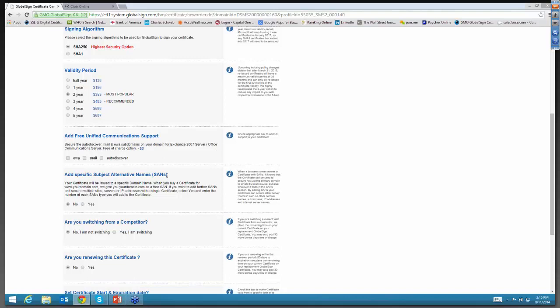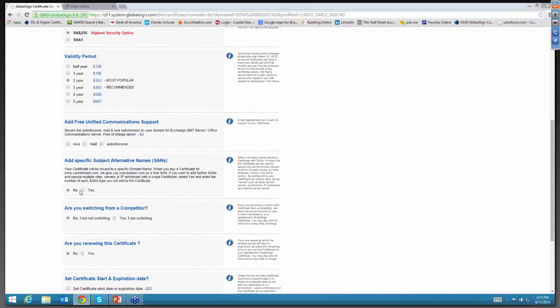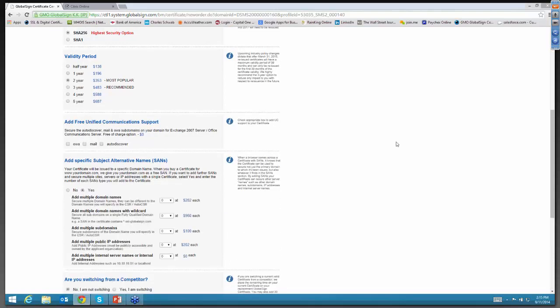We also have very robust support for subject alternative names. Subject alternative names are a way to build what are sometimes referred to as multi-domain certificates. In the Microsoft Exchange mail server world, they're referred to as UCC.